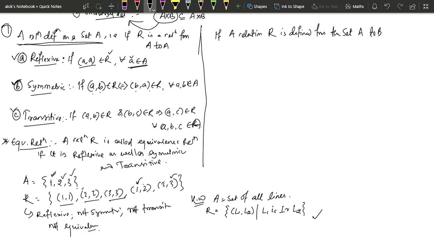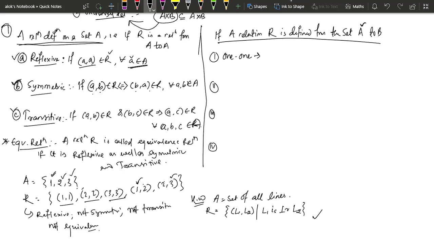Now we discuss the relation which is defined from a set to another set. This type of relation is mainly classified into 4 categories: 1, 2, 3 and 4. The first is the one-one relation.